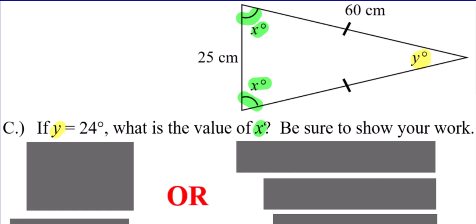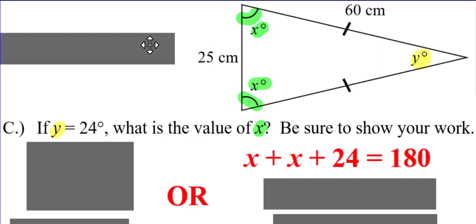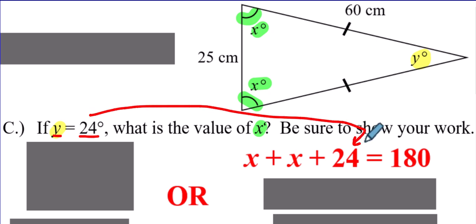Okay, how do I get the value of X? Well, 2 options. I could write an equation. I know that X plus the other X plus the Y would equal 180 degrees, but instead of writing down plus Y, I know Y is 24 degrees, so I can go ahead and use that instead of saying the Y. So 2x plus 24 equals 180.